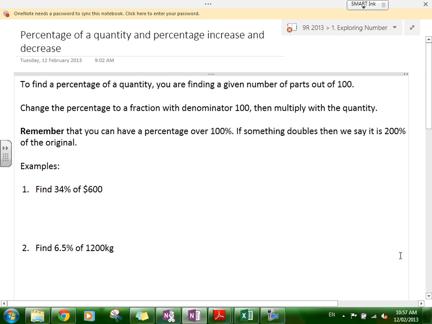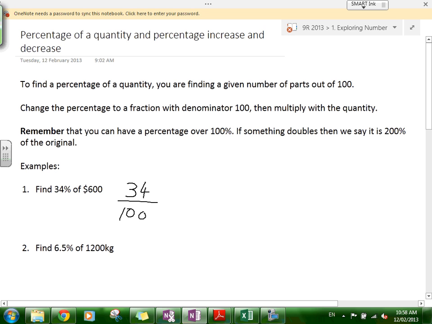So a couple of examples that we'll do. We'll find 34% of $600. Following the way we think about it, what's 34 parts out of 100 of $600? So the working is 34 over 100. We make it a fraction with denominator 100, and then multiply it by the quantity, which is 600.